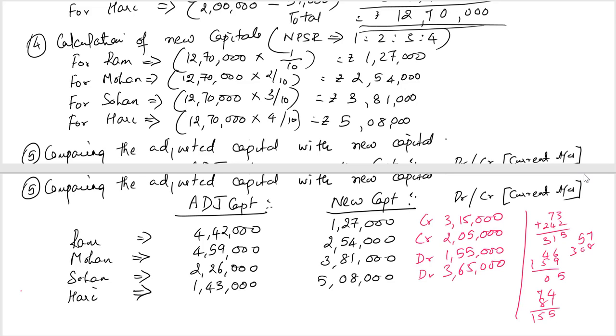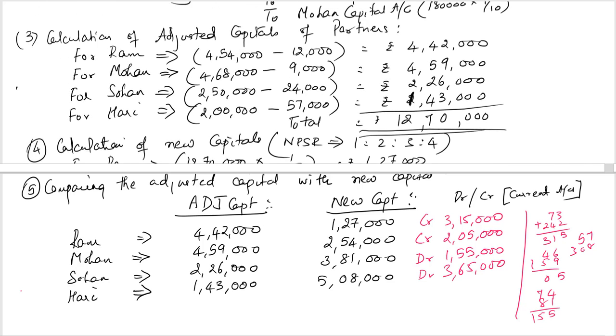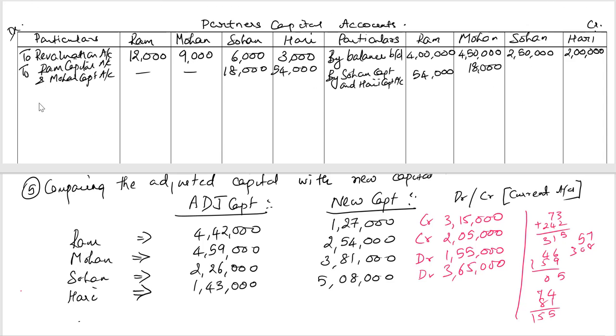So let's enter these figures in the partners' current accounts. We need to credit the current account and debit the capital account in the case of Ram and Mohan.